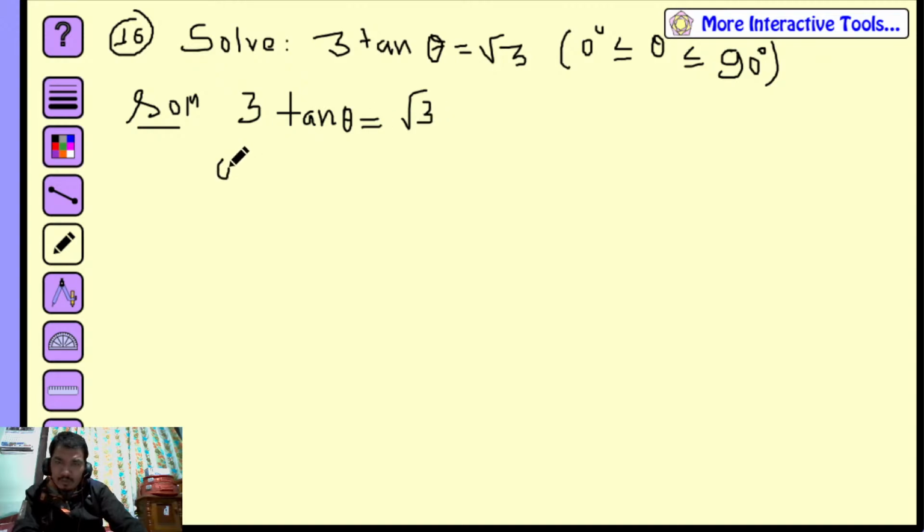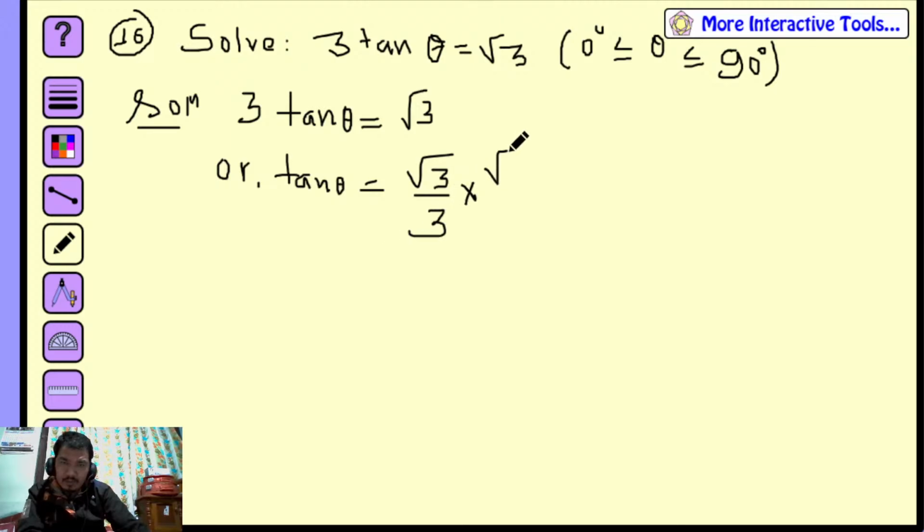As you know, when you bring this 3 to the right side, here will be written tan theta equals to root 3 by 3, and we can multiply up and down by root 3. Then square root 3 times root 3 will be 3 only, and down it will be 3 square root 3.